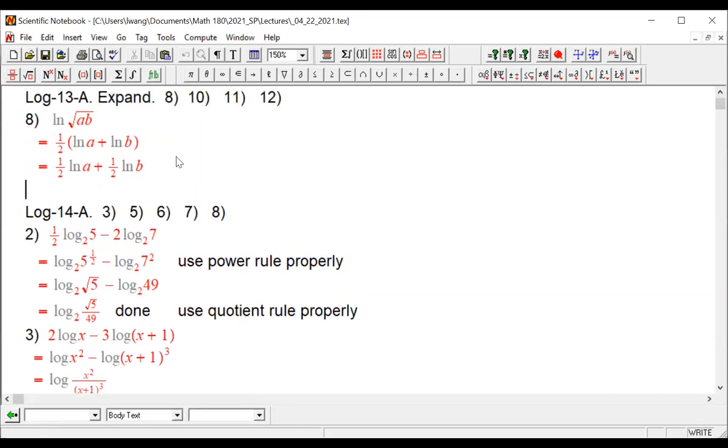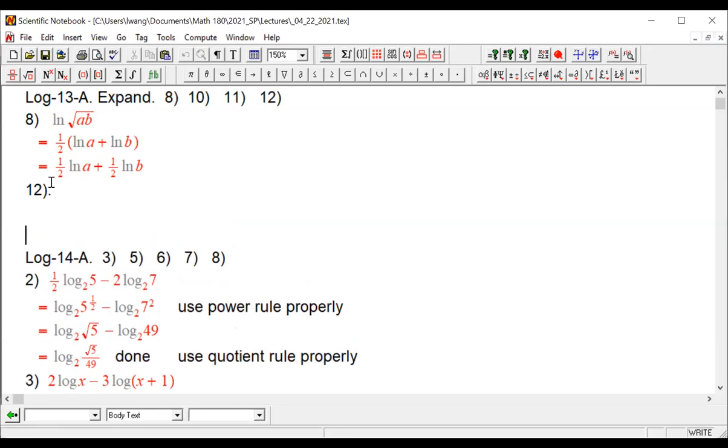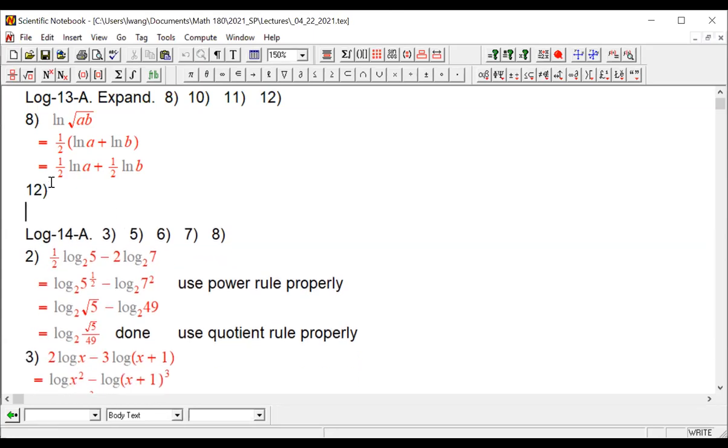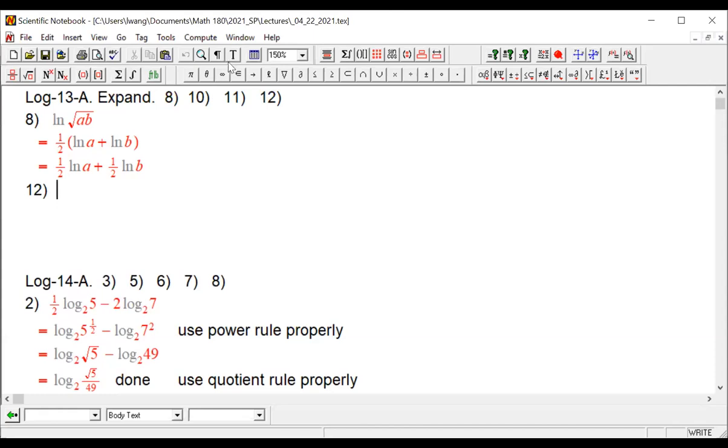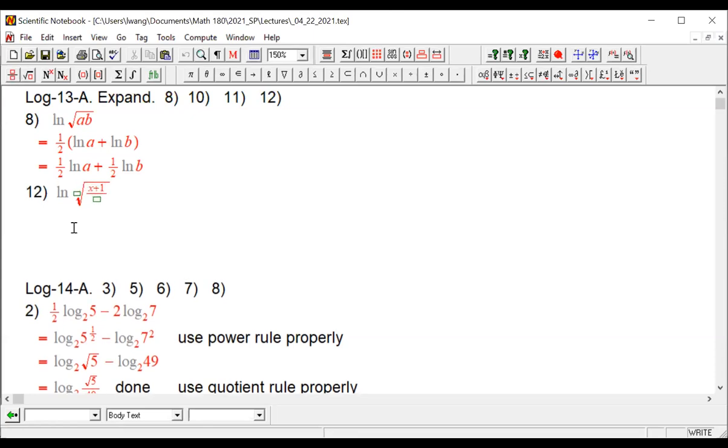On number 13a, there's one number 12. I'm going to skip some of those exercises and work on number 12. Number 12 looks like one of those questions I have seen in Cal. For whatever reason, you will find out.